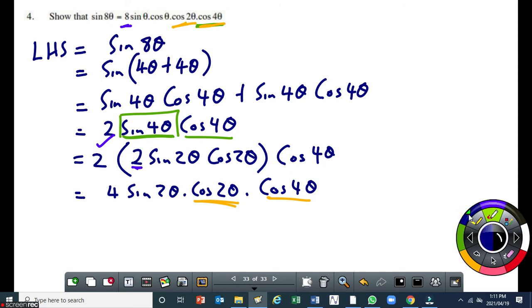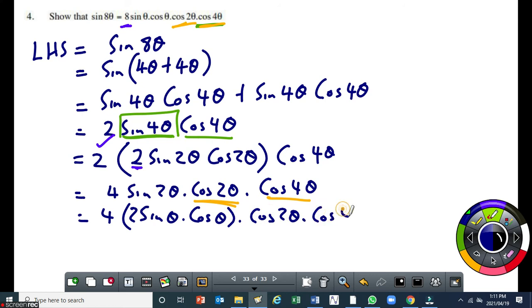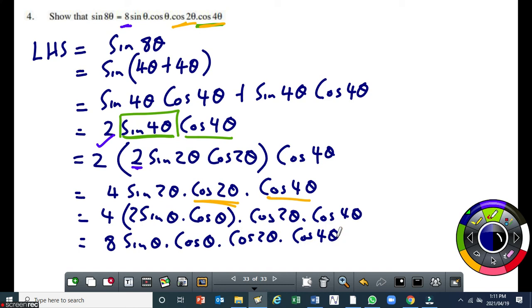So, if I simplify it, I'm going to have 4 times 2 sine theta times cos theta times cos 2 theta times cos 4 theta. So that will give me 4 times 2. I'll get 8 sine theta times cos theta times cos 2 theta times cos 4 theta.